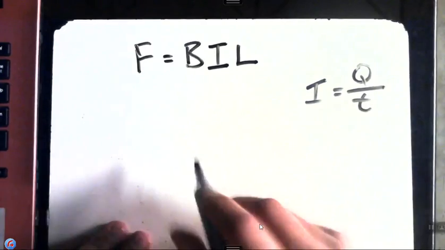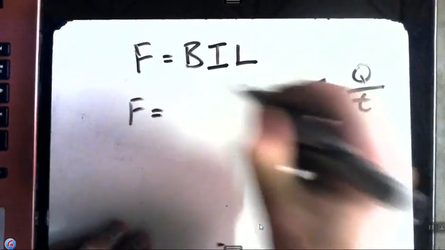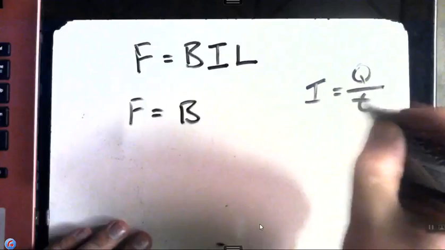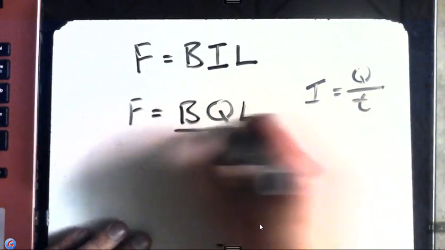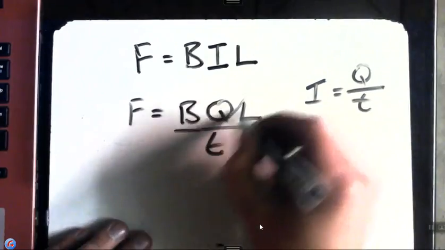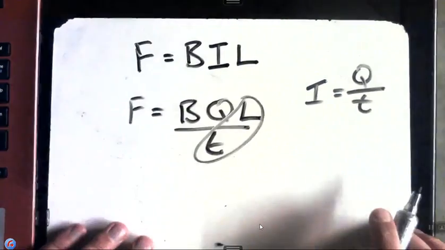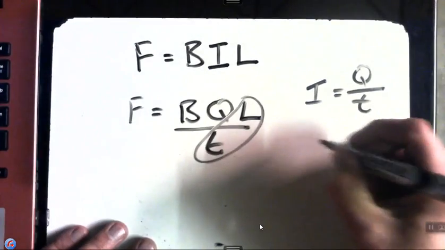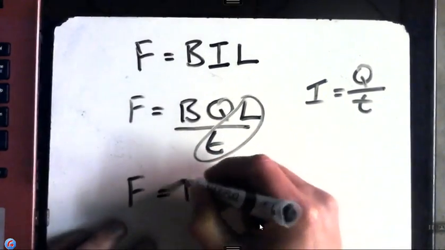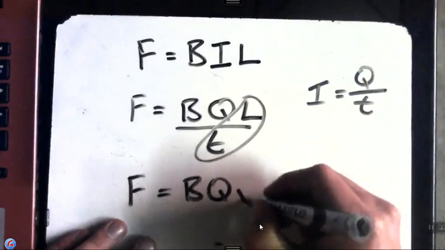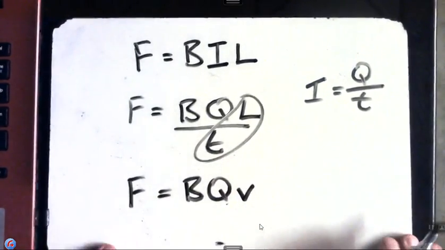So when I substitute that into my formula, I get B Q L over t. And length over time is equal to velocity, because velocity is distance over time. So that ends up with BQV. And that's the formula that they showed you there.